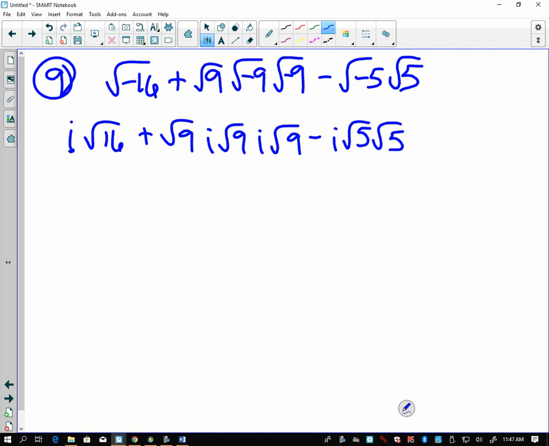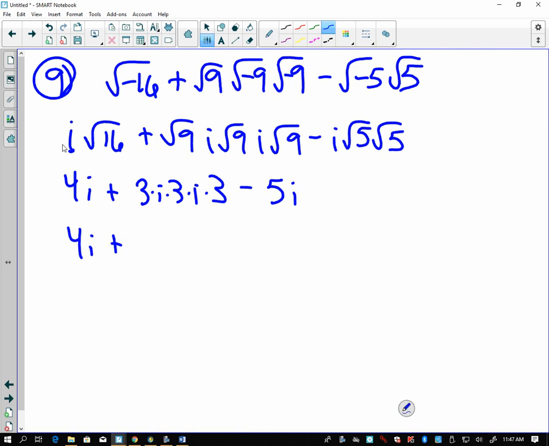Now square root of 16 is 4. Write that as 4i. All of these radical 9s can be written as 3's. So we got 3i, 3i, 3. And then radical 5 times radical 5 is 5, so we get 5i there. Now we got 4i plus, let's see, all of this in here.